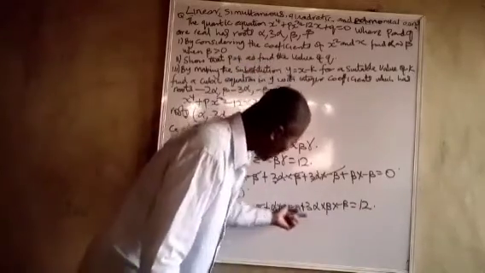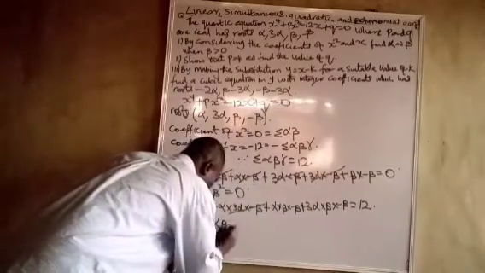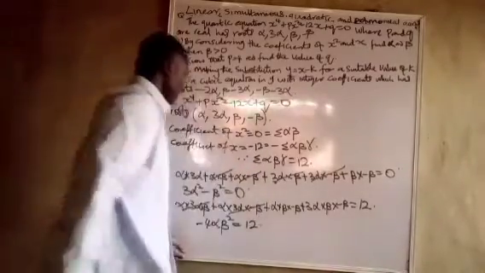So I'm going to have minus 4 alpha beta squared is equal to 12.